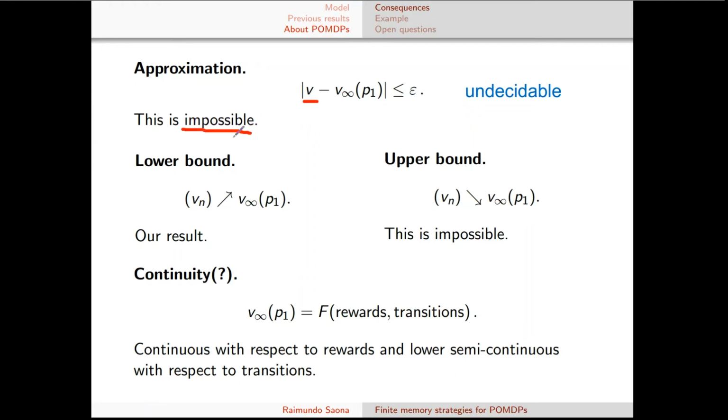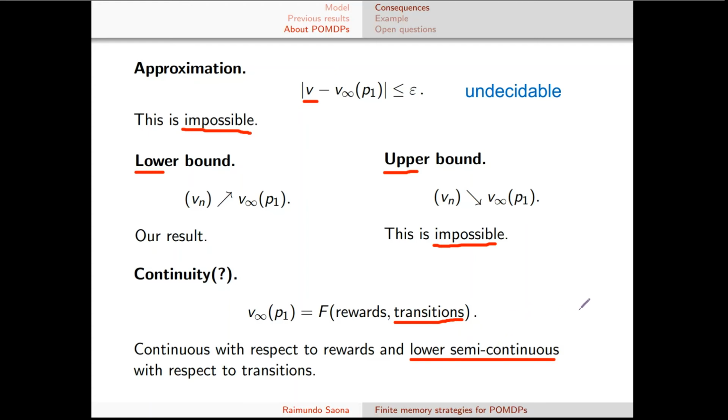Therefore, the best we will ever be able to do is to give either lower bounds or upper bounds that approximate the value of a POMDP. With our result, we can give lower bounds, which also proves that it is impossible to give upper bounds approximating the value of a POMDP. About the value function V infinity, we deduce that it is lower semi-continuous with respect to the transition function. This is based on a previous result of continuity for Markov chains with respect to the transition function.